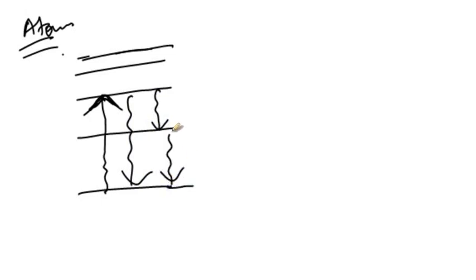Of course, whether it will de-excite after some time through this path or through this path will depend on the properties of this level, right? We have learned this in nuclear physics, but I am not talking about the property at the time being.